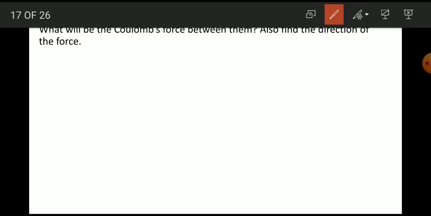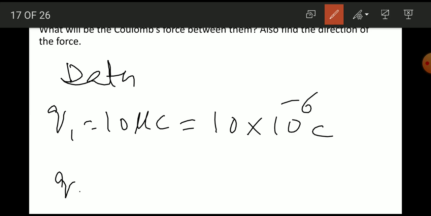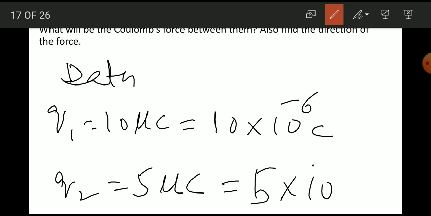Now two point charges: Q1 is equal to 10 microcoulomb, which is 10 × 10^-6 coulomb. Q2 is 5 microcoulomb, which is 5 × 10^-6 coulomb.